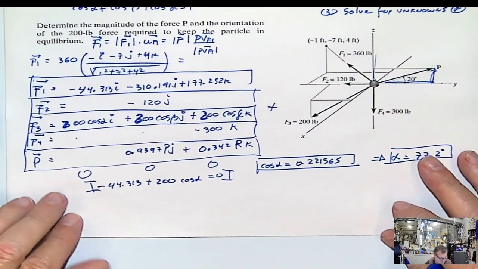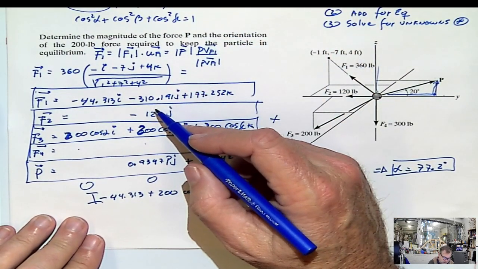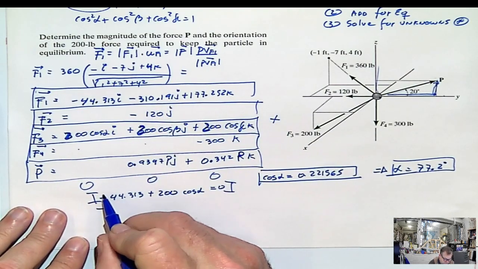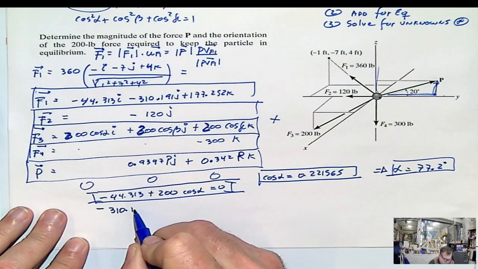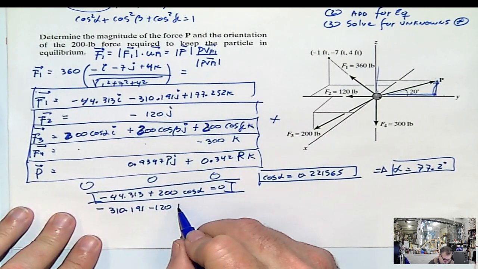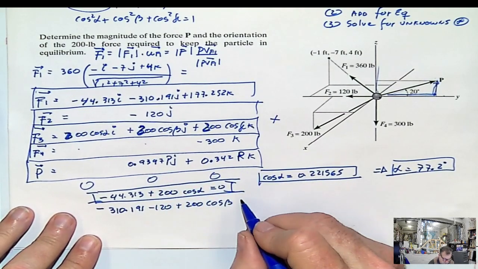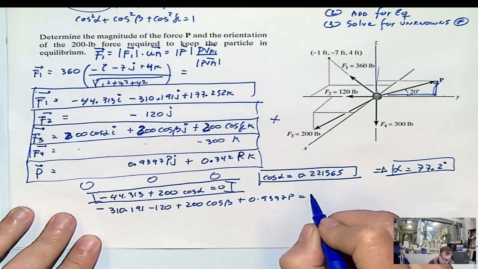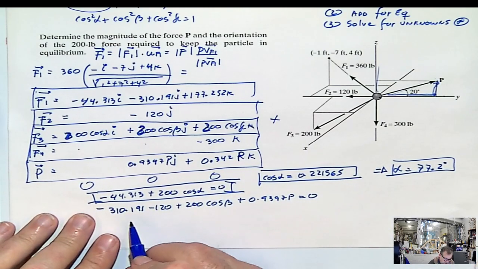Now let's go with the next equation. Summation of forces in y equals 0. Then we start here. We have negative 310.191 minus 120 plus 200 cosine beta plus 0.9397 P equals 0. So let's combine these numbers.